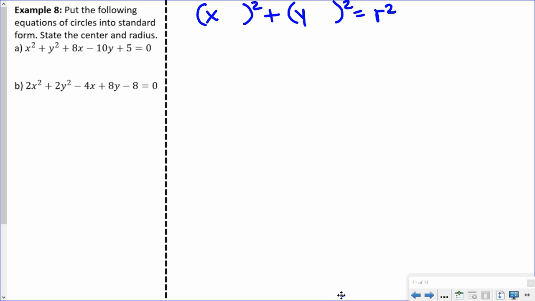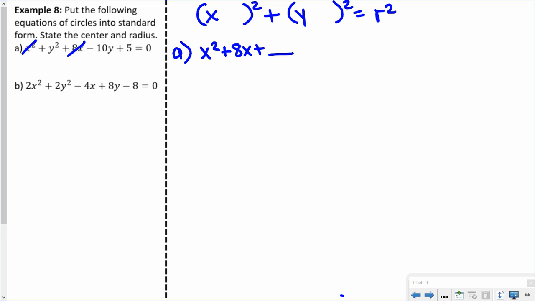So the first thing you need to do is group all the x's and y's together. Put the x's first because that's what comes first. I write x squared plus 8x. And then we're going to do plus blank, because we're going to have to complete the square here.